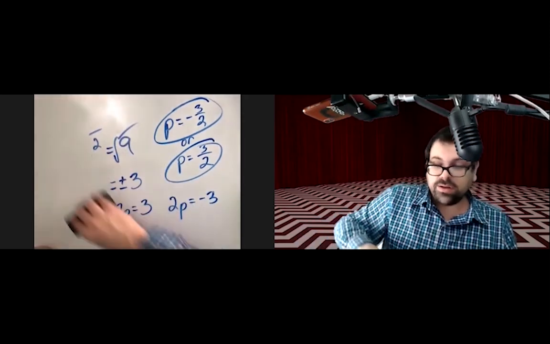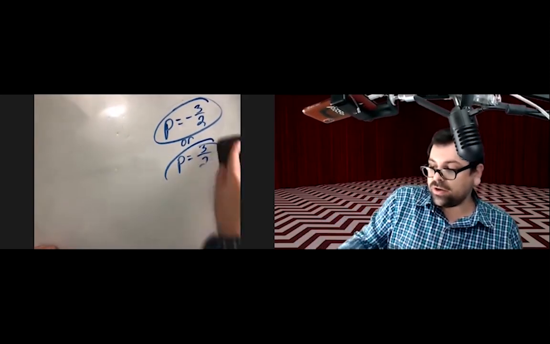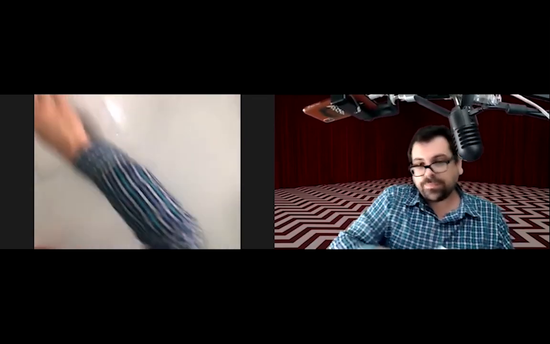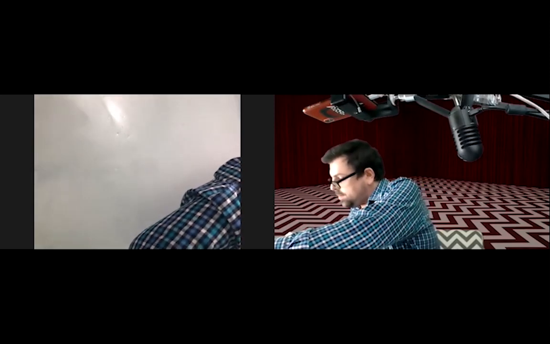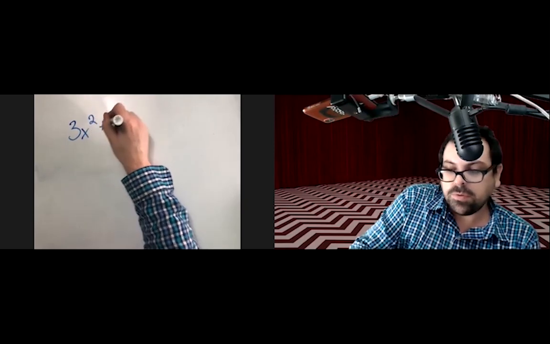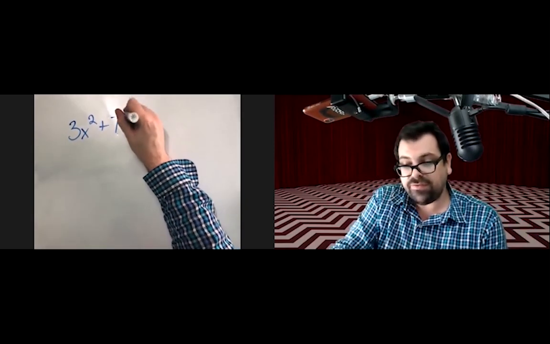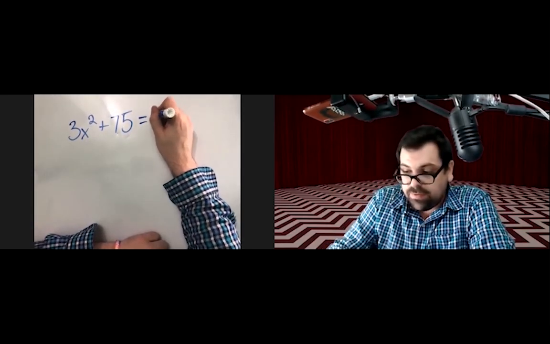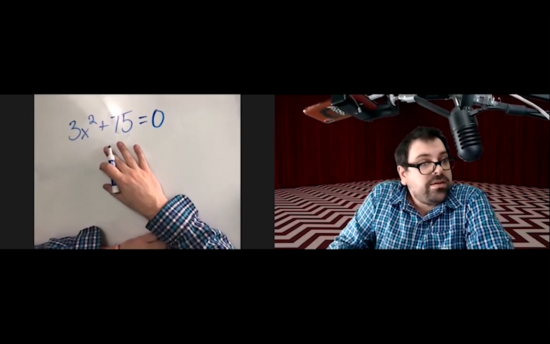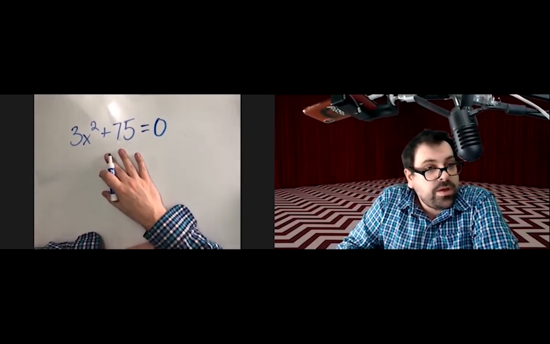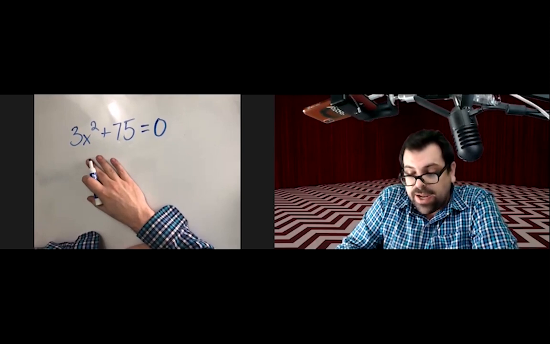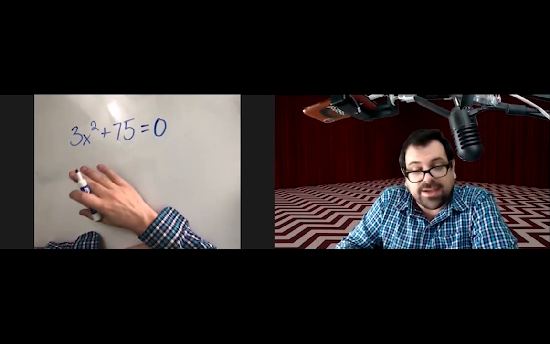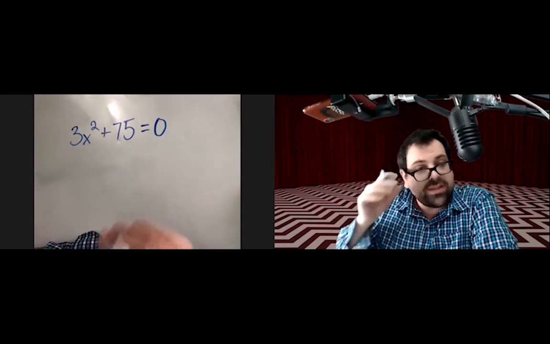Let's see another one. And this is where we're going to bring it all together. 3x² plus 75 equals 0. Instead of doing factoring, we can get the x² on one side, everything else on the other.